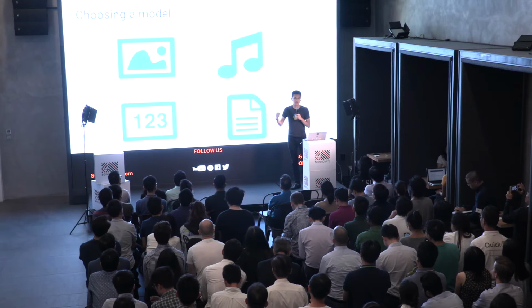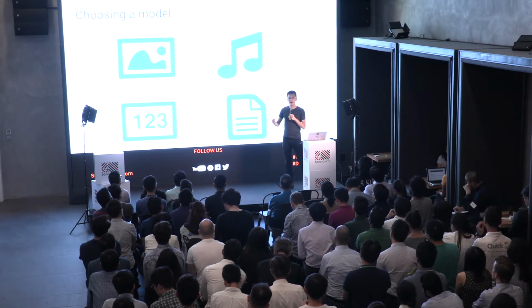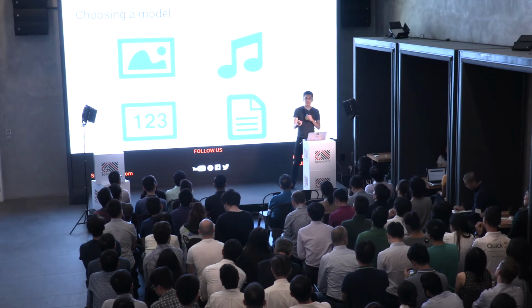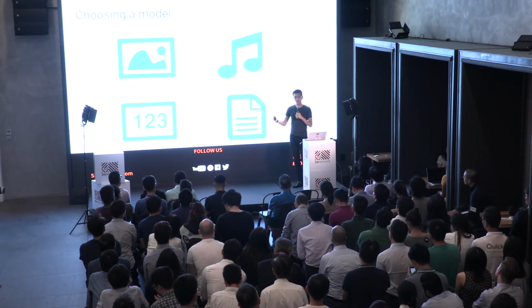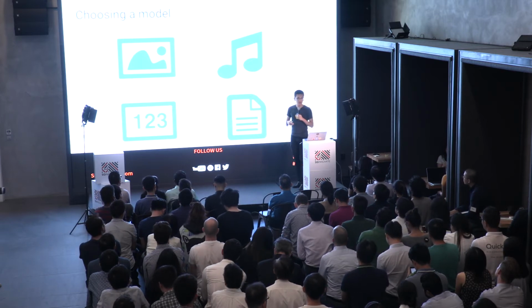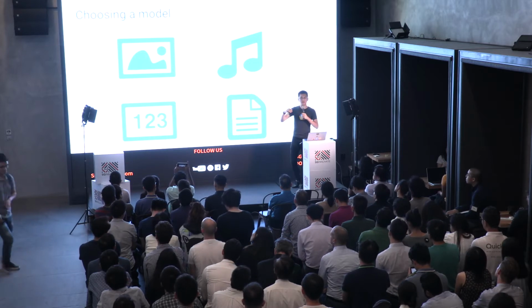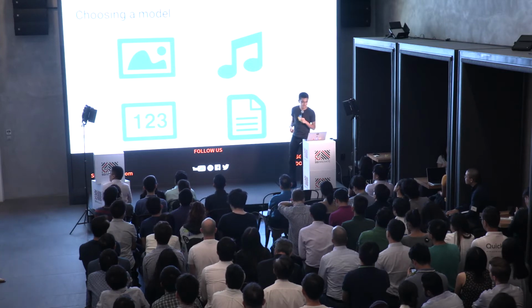Some models were purpose-built for images, some for sounds and music, some better for numbers and numerical data, and others still for text and written words. And then I guess there's the fifth category of just structured data, your standard tables and spreadsheets. And of course, that's what we're looking at today.